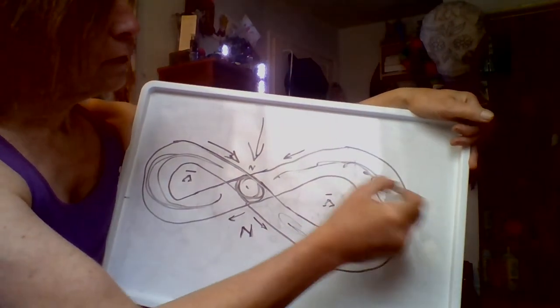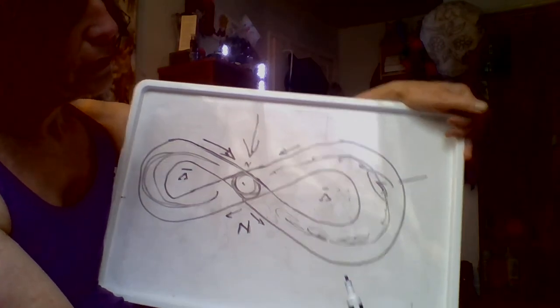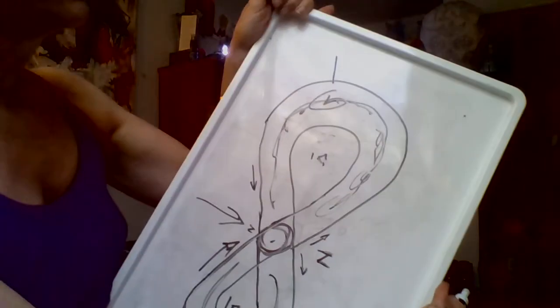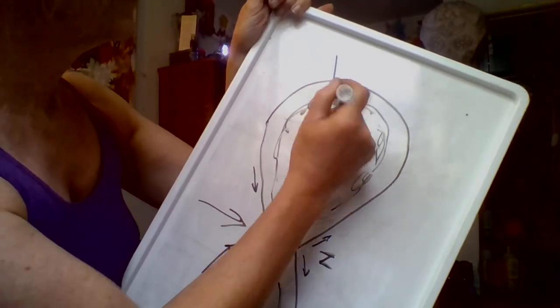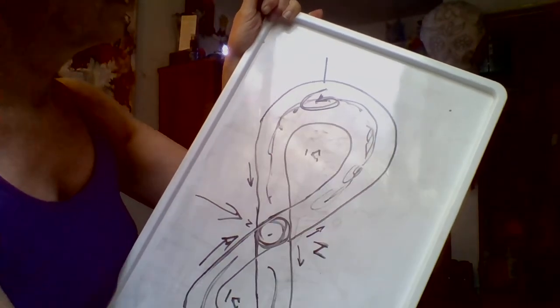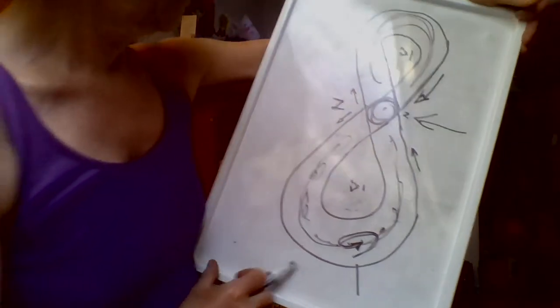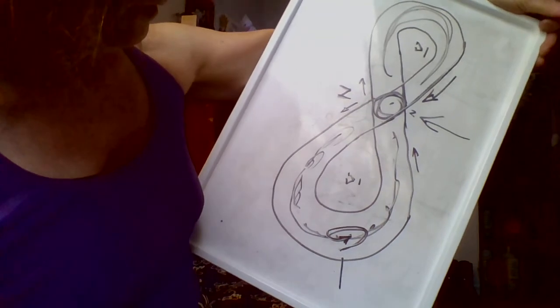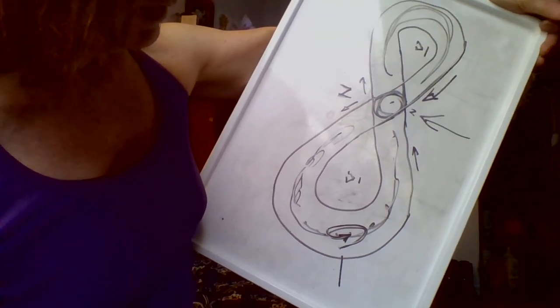This is spinning to us, let's say. To us, looking down, that is spinning counterclockwise. But from that side, what you see is it's spinning the same thing.